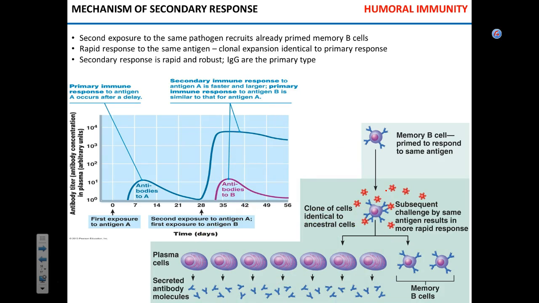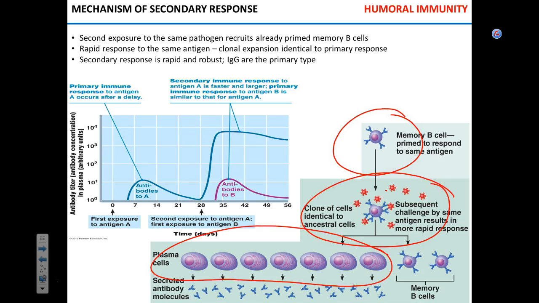Secondary response. When a memory B cell is exposed to the pathogen again, it will proliferate and differentiate, producing a number of plasma cells and memory B cells again.